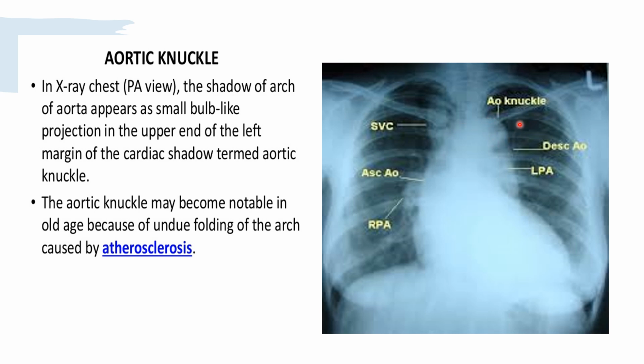This shadow we can make out here. The aortic knuckle may become notable in old age, so it is prominent in old age due to undue folding of the arch of aorta by atherosclerosis.